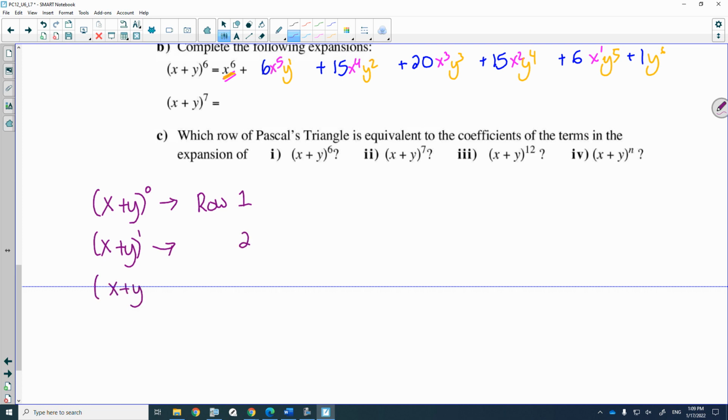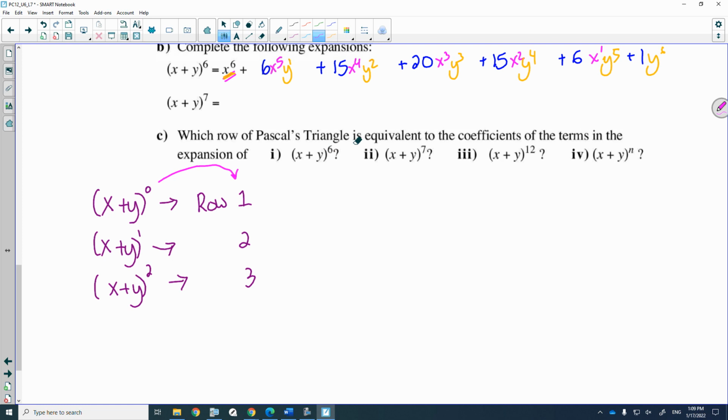X plus y to the power of 2, sorry, would be row 3. So what you need to notice is when I ask for the row number, so this is just saying which row number would x plus y to the power of 6 be, the row number is always going to be 1 more than the n value. And the reason is because we have to start at 0, which is row 1.